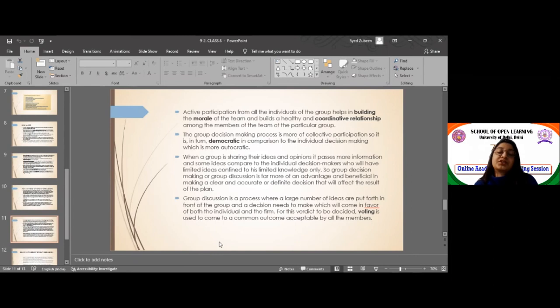Then group discussion is a process where a large number of ideas are put forth in front of the group, and a decision needs to be made which will come in favor of both the individual and the firm. For this, the verdict will be decided. Voting is used to come to a common outcome acceptable for all members.